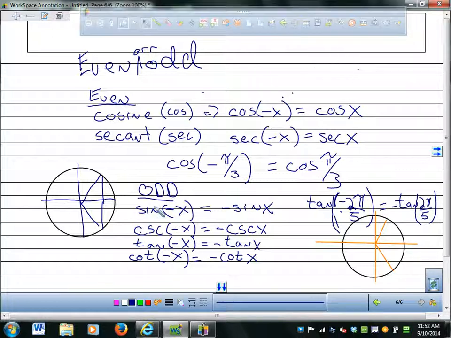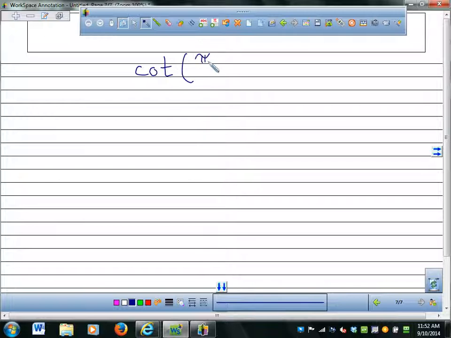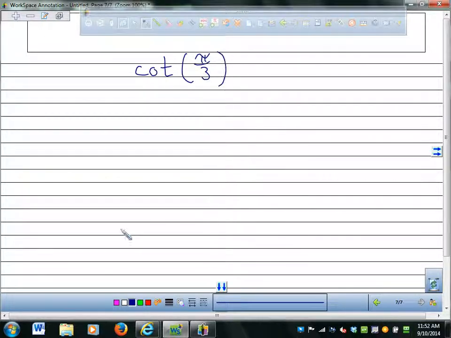There's just 1 or 2 more things. So, how do you take the cotangent of something? Say they ask you, what's the cotangent of pi over 3? You guys know how to do that? That's 1/2 over root 3 over 2, right?